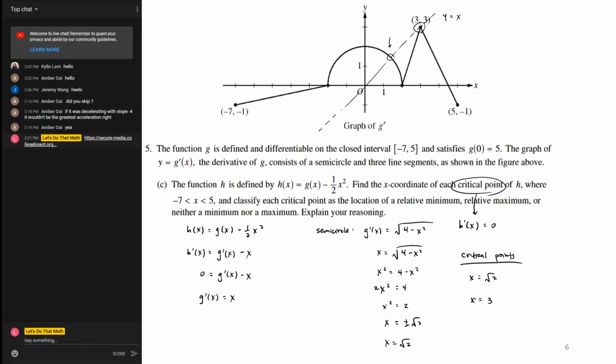Well, normally what we do is we create a sign graph for the function, right? So let's see if we can do that. Sign graph for h prime of x. So our h prime of x is given by this one, which is equal to g prime of x minus x.